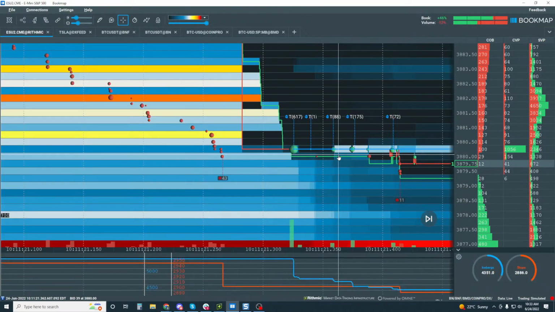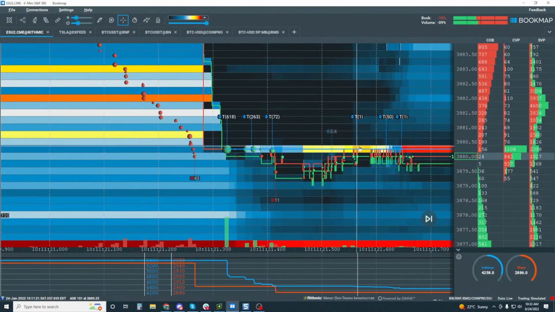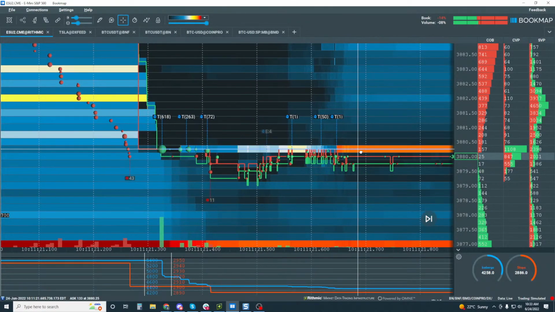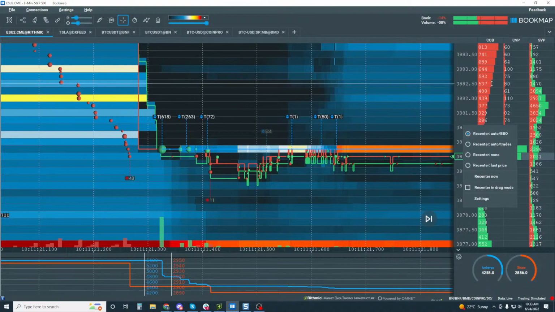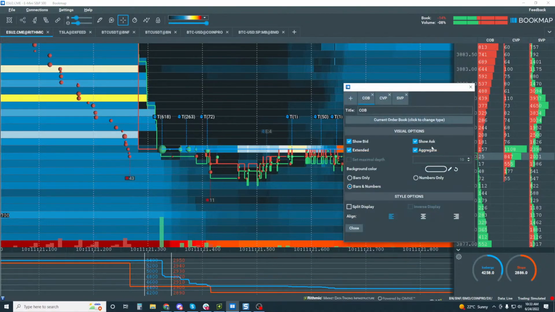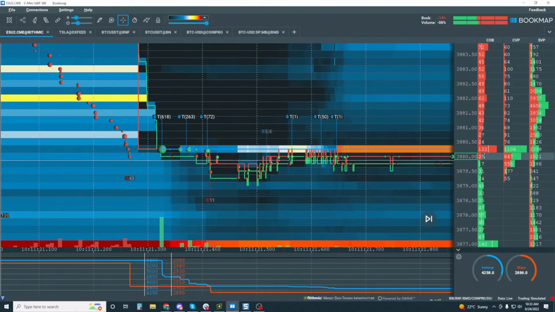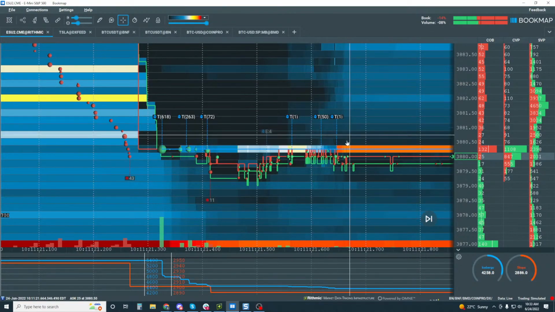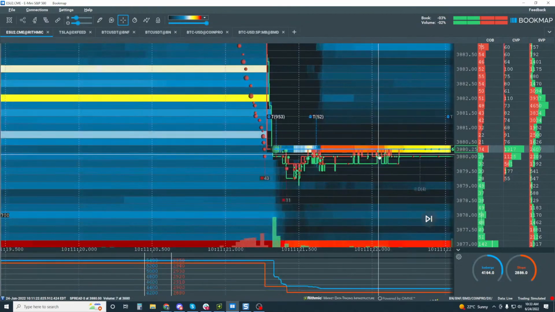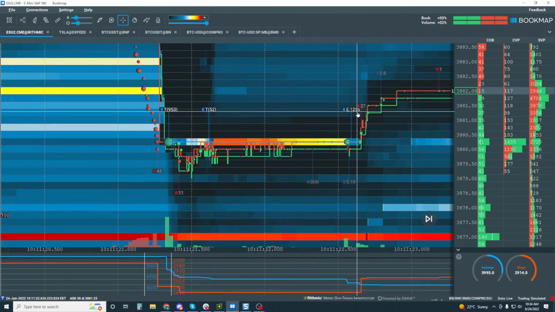That there was this iceberg down here, and they started getting filled on the offer here, and they sealed this gap. There's also high liquidity in this area here. In fact, let's get rid of this aggregate view. There we go. So 132 contracts thrown right down here, as well as a huge iceberg, which got filled completely.